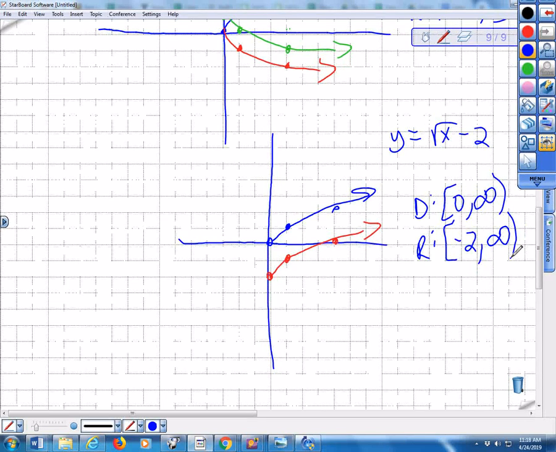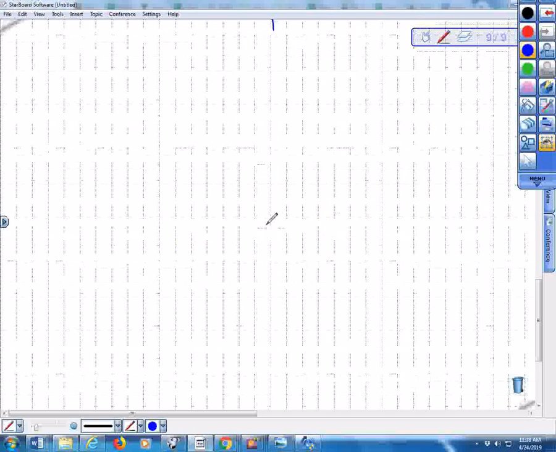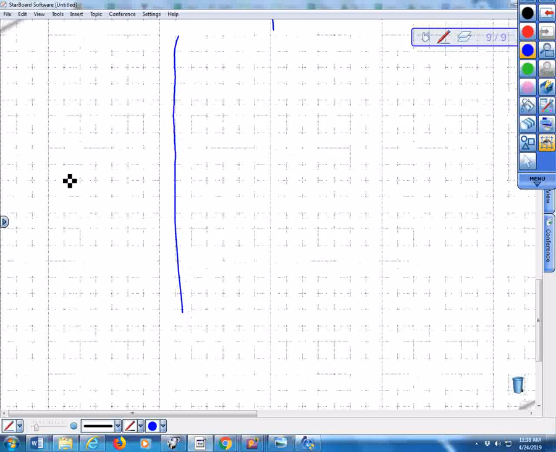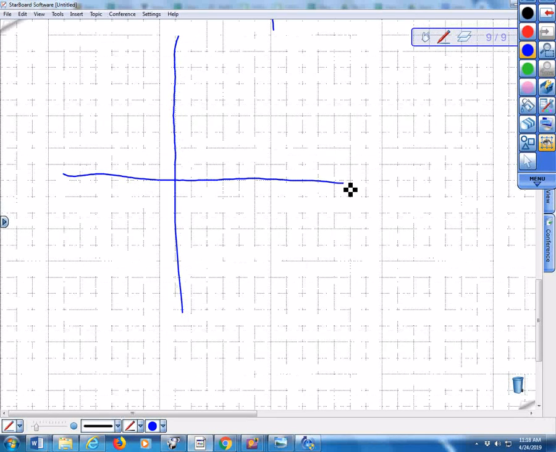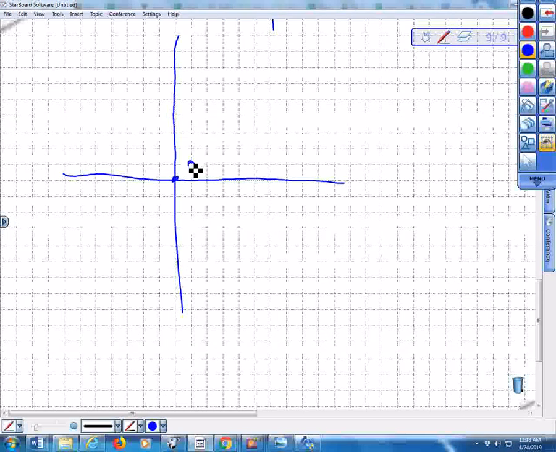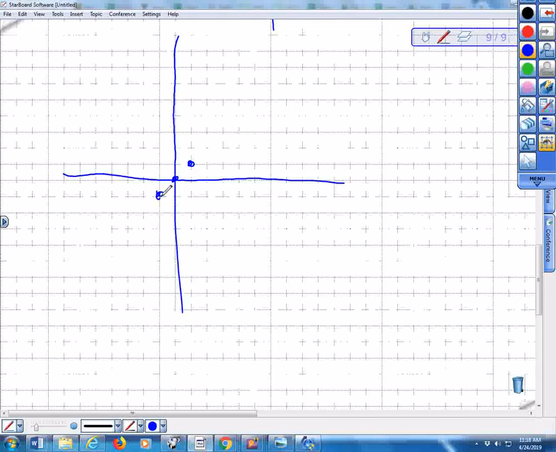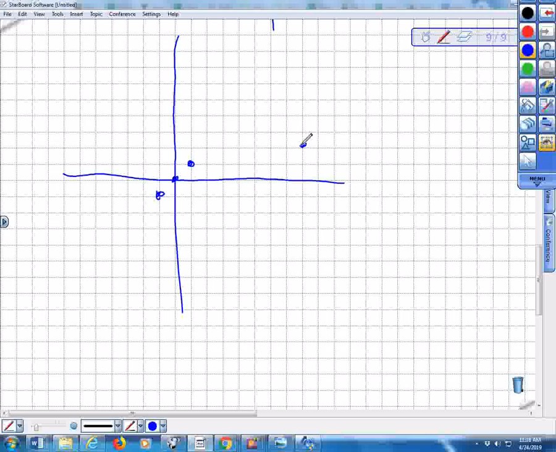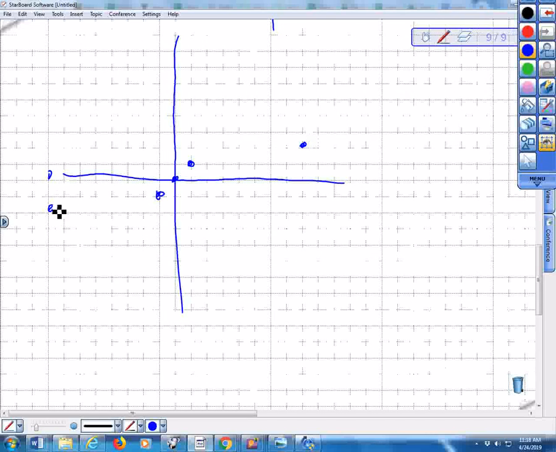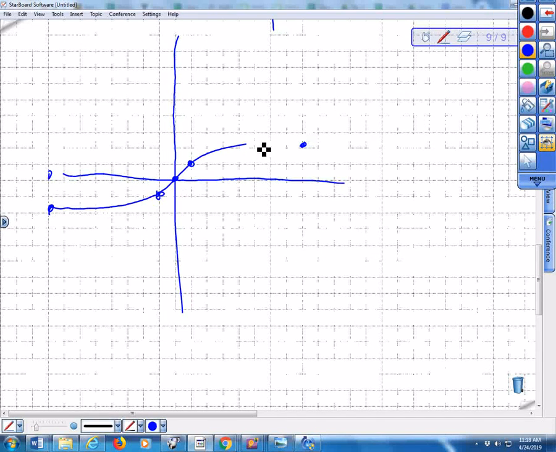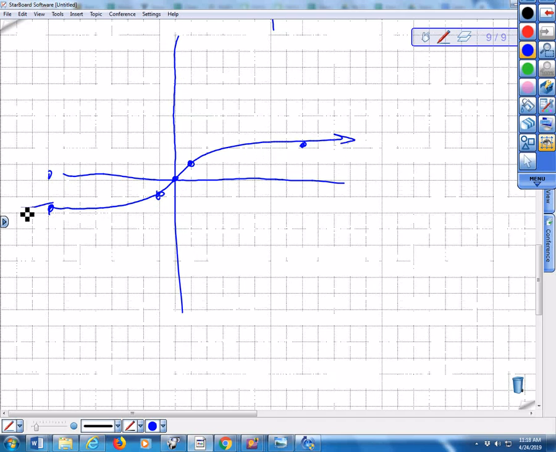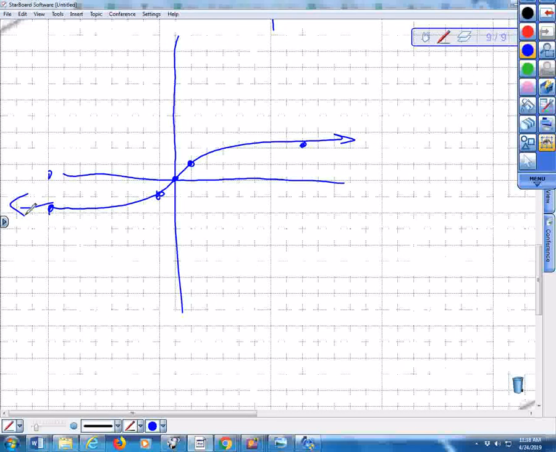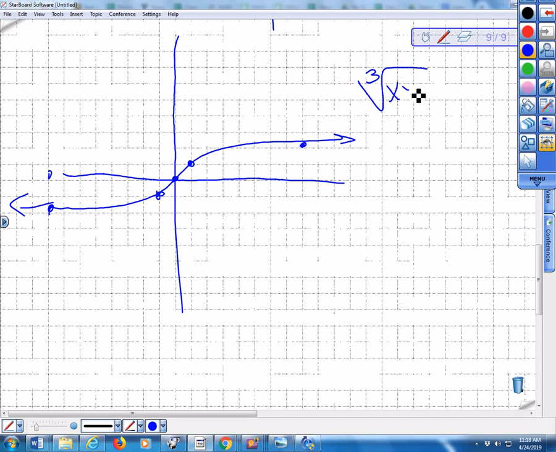Okay. Last one is a cube root function. So my parent function looks like this, just here, something like that. But this one is the cube root of x plus 2, plus 1.